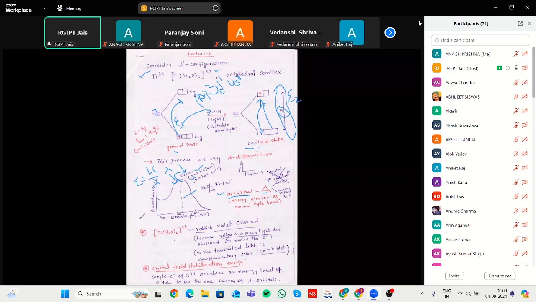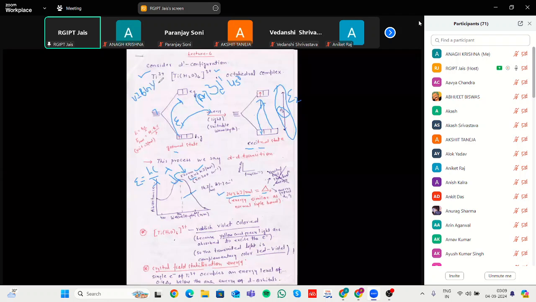Every complex has a tendency to absorb a color, and the color shown is a different color, which can be seen in VIBGYOR. Every color has some wavelength, and that wavelength can be absorbed.